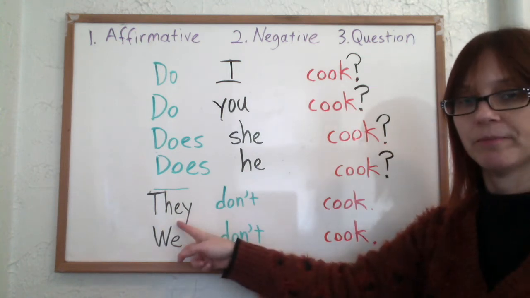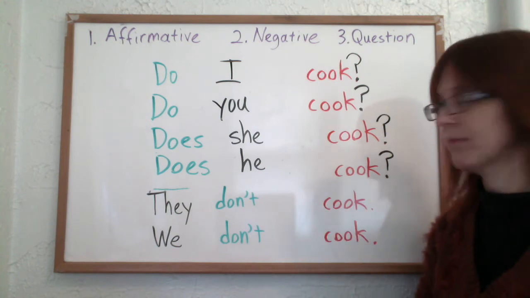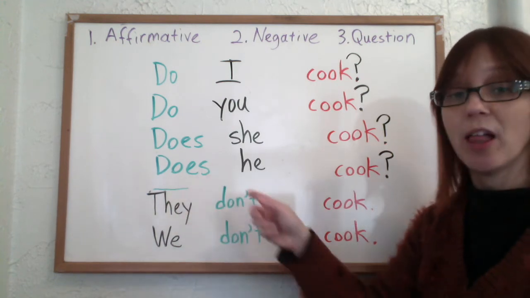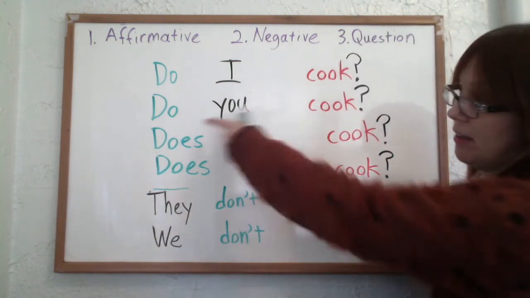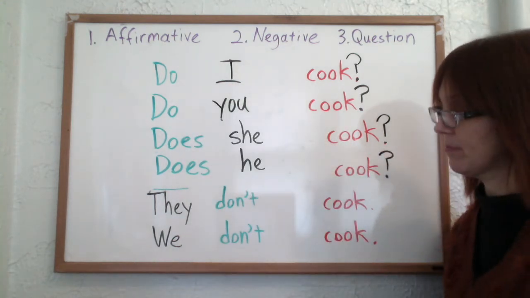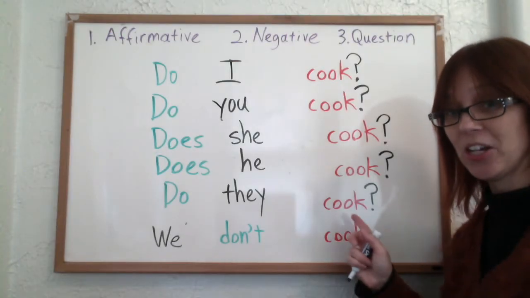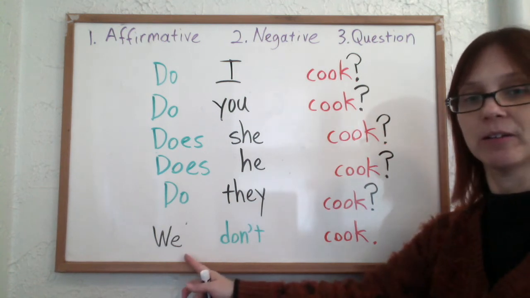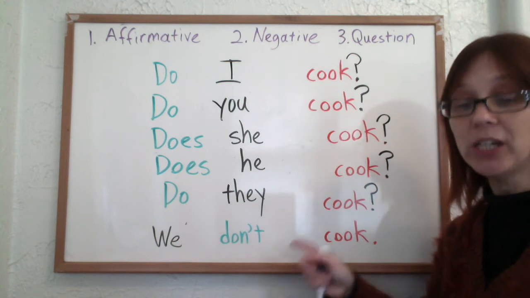They. How do I make this a question? Do they cook? So I use the same form as this. Do they cook? And we.